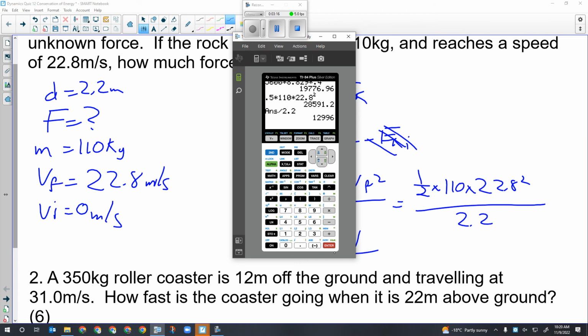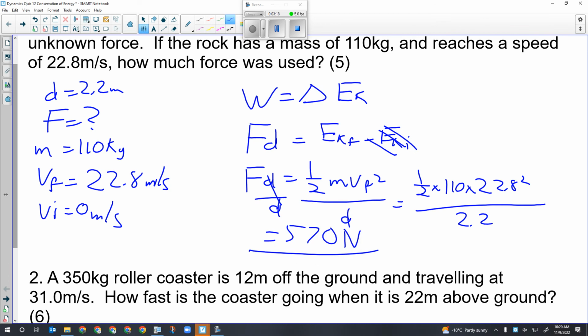No, we have 3 significant. 2. So 1.3 times 10 to the 4. No worries, it happens. I think I forgot to square it. That's fine. Questions on that one?